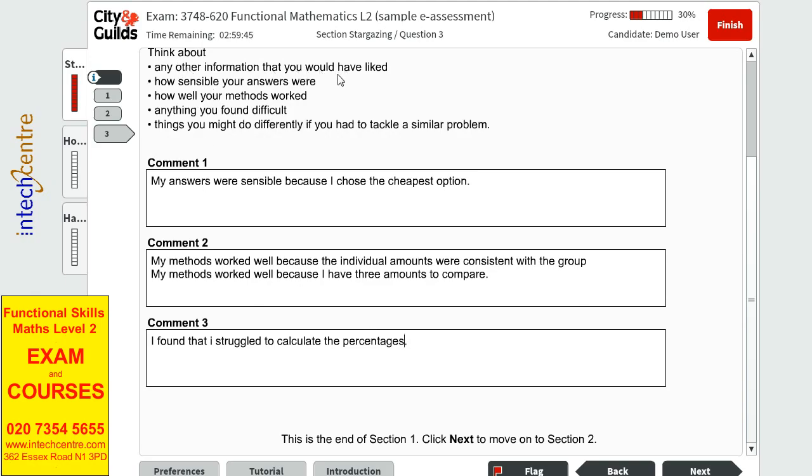You could have said related to this question, I would have liked to know what the chances of seeing the stars were for each site. And as for things you might do differently if you had to tackle a similar problem, you could say I would do nothing differently as all the calculations allowed me to choose the cheapest site. So again, you can refer to picking the cheapest option. Right, now we can move on to the next question.